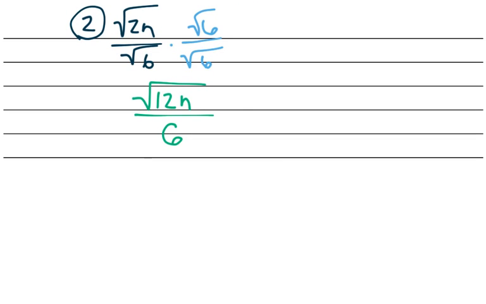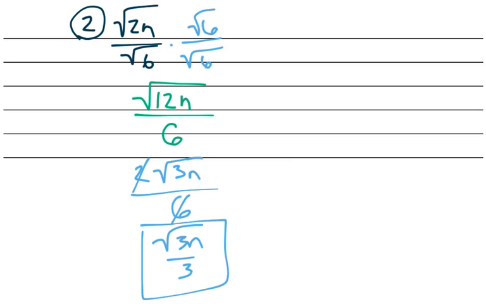Because if I have the square root of 12, I know that I can pull a perfect square of 4 out. And when I pull 4 out, it becomes 2 square root of 3n over 6, and then this simplifies to give us the square root of 3n over 3. And we'll box that.